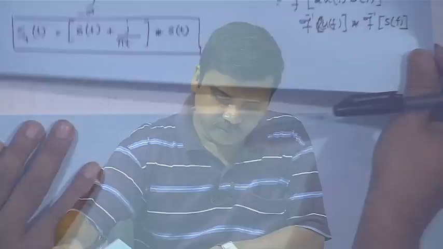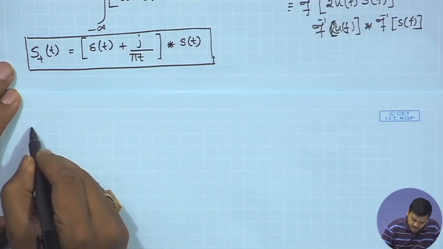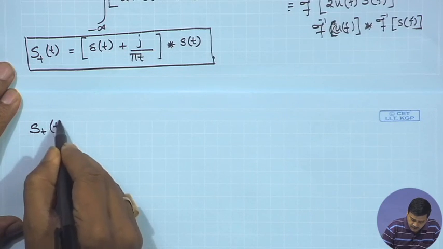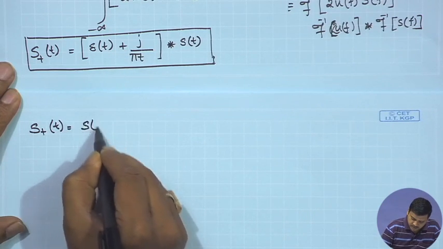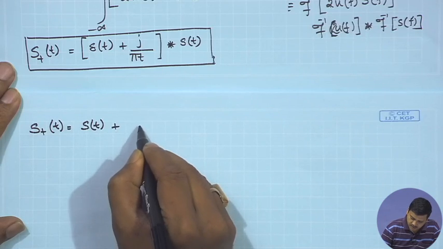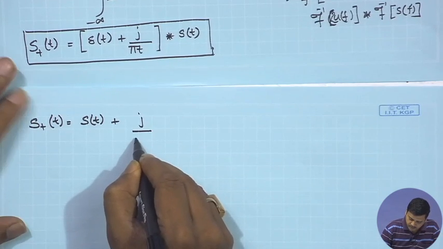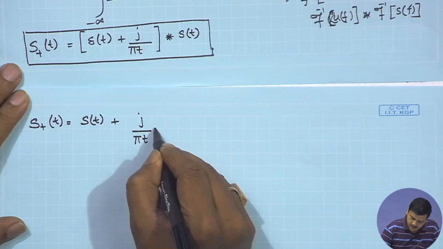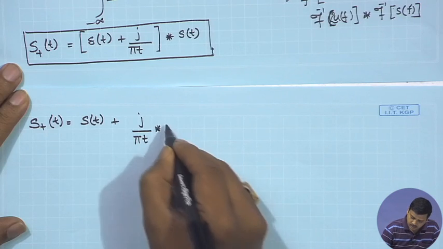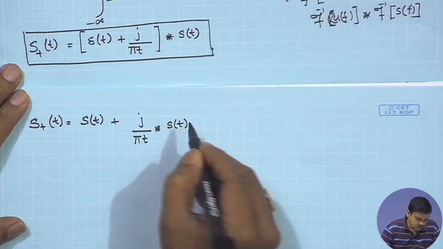So, moving forward, if we see what delta convolved with this function is, it is basically the same. So, it is S of t plus j upon pi t convolved with S of t.